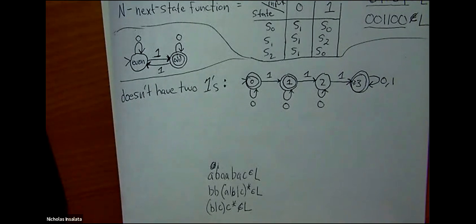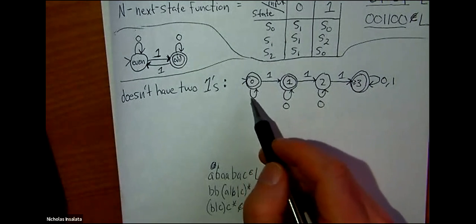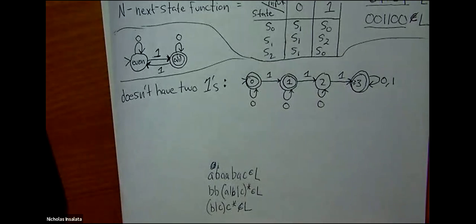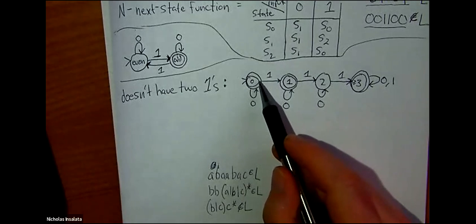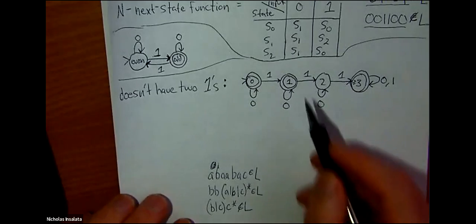After 2 1s, you can do anything except a string of 0s. That's right. And you can tell that you weren't done because every state has to have an arrow coming out for every letter in the input alphabet. You see, every state has a 0 coming out and a 1 coming out. There's no restrictions on what's coming in, right?